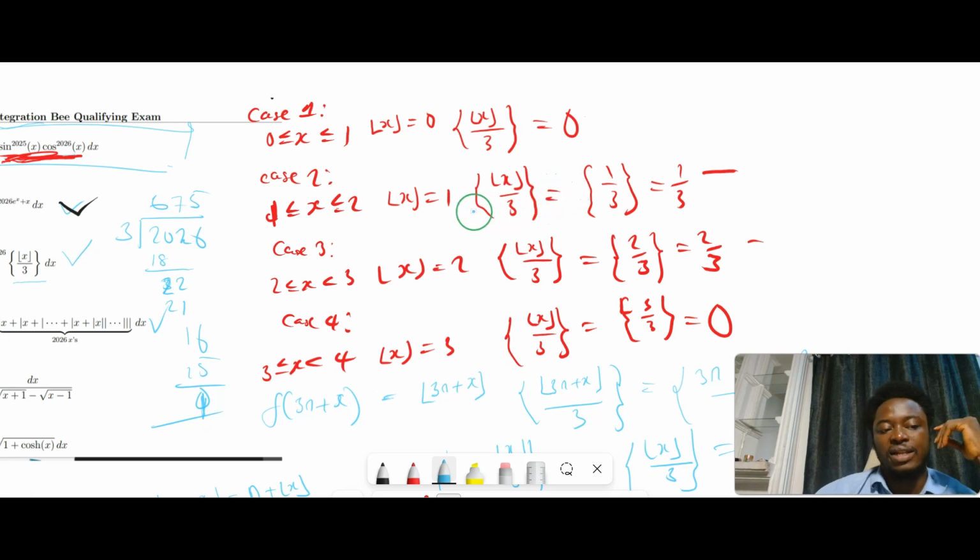Also, there's a nice theorem for periodic functions.